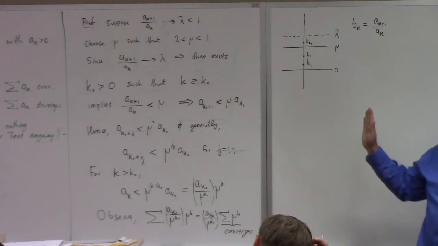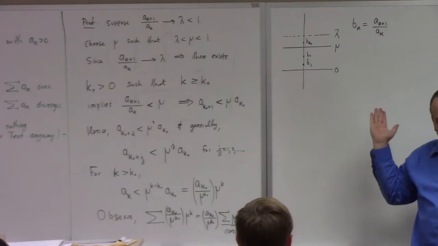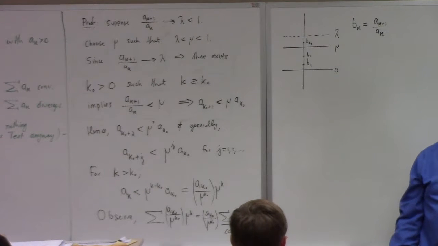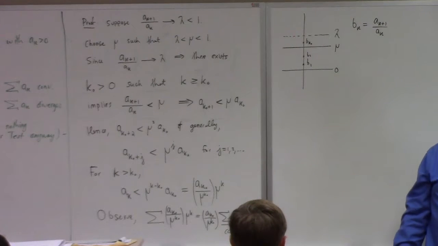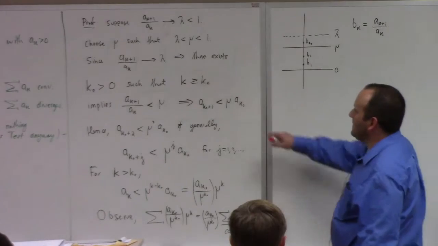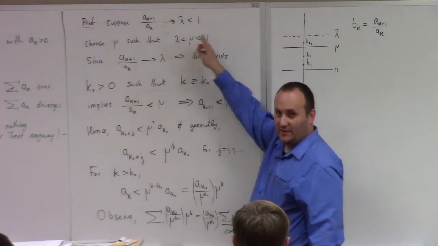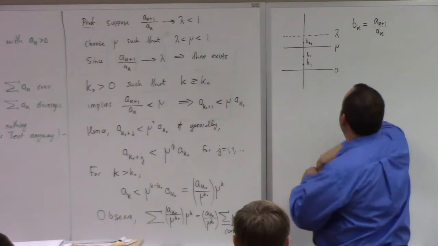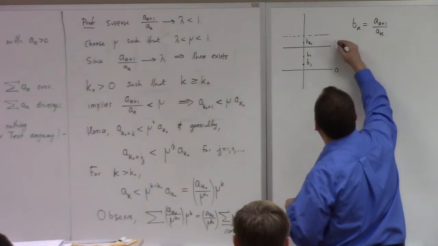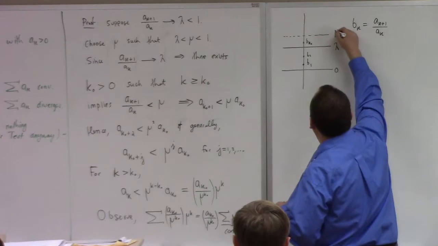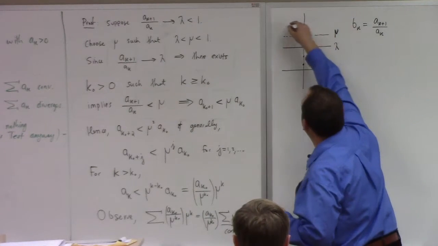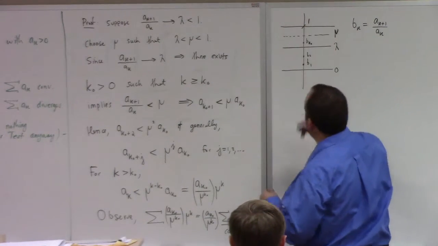If the number line's going up, why is my picture wrong? Lambda less than mu. Which one comes first if I'm going? So that explains my confusion. All right. Now one is up here somewhere.